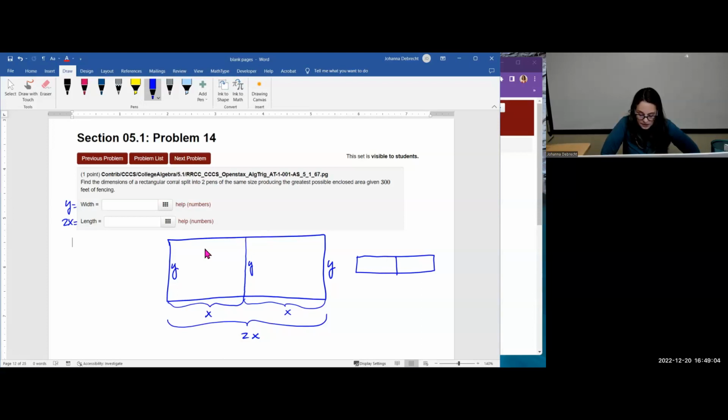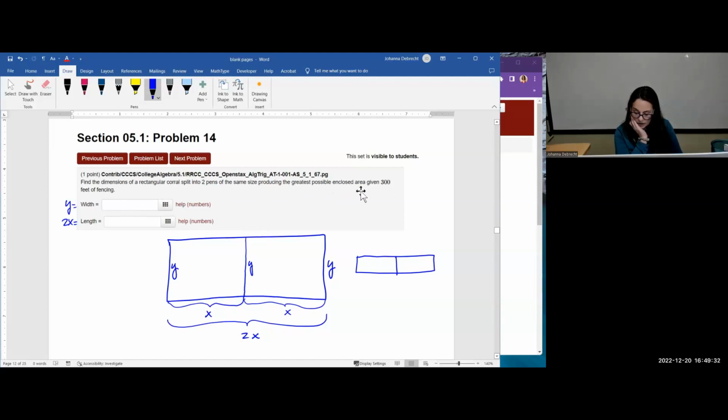Split into 2 pens, yep, of the same size, yes. By setting this to be x and this to be x, then they're both x by y, right? Producing the greatest possible enclosed area, okay. Given 300 feet of fencing.